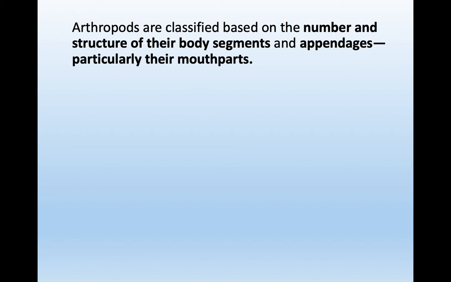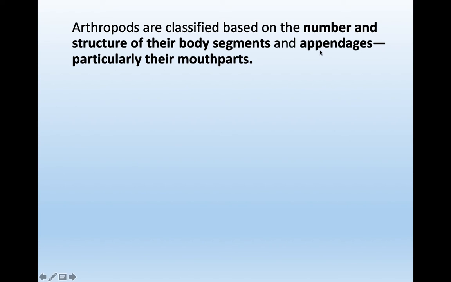Like I said before, in the previous set of notes, we looked at the general characteristics of arthropods, but arthropods are such a wide group that there are subgroups within arthropods. Specifically, there are 3 of them. And the way that we classify arthropods into one of the 3 groups is based on the number or structure of their body segments. Remember, their body segments are just major divisions of their body.